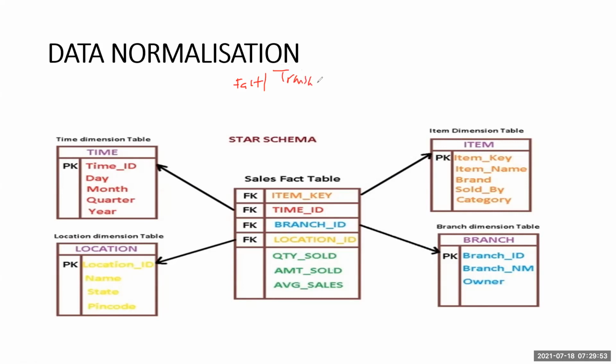And the other table is called the dimension table, or your lookup table. Now remember that this is your fact table. In terms of the relationship, what relationship are we looking for?